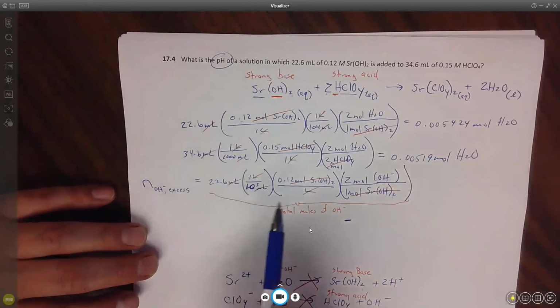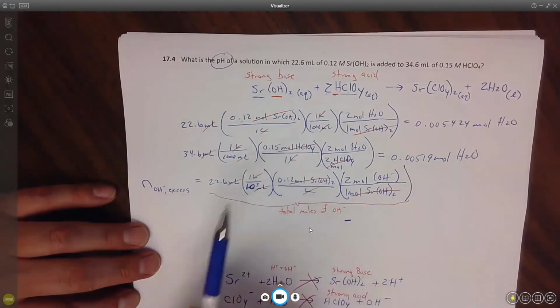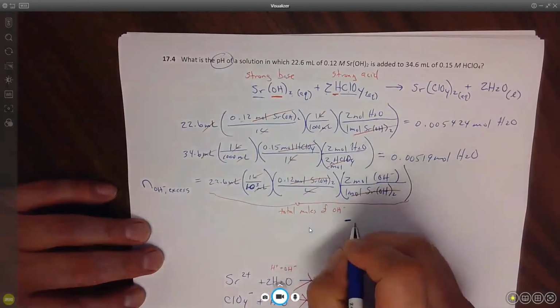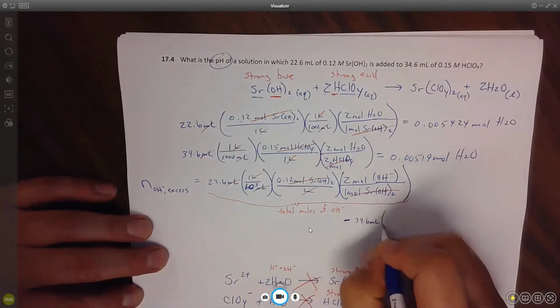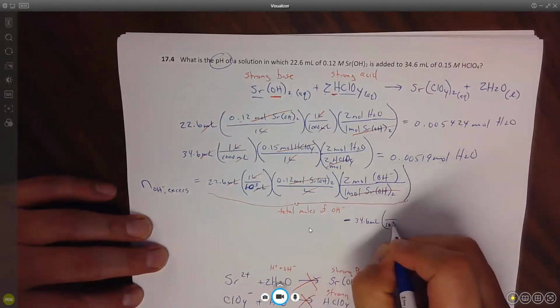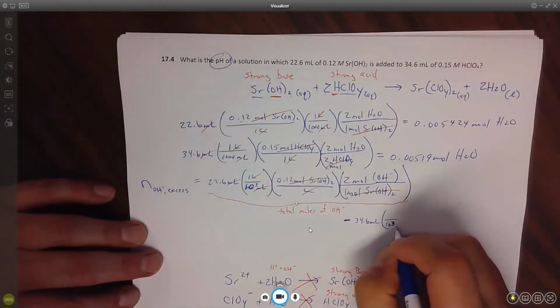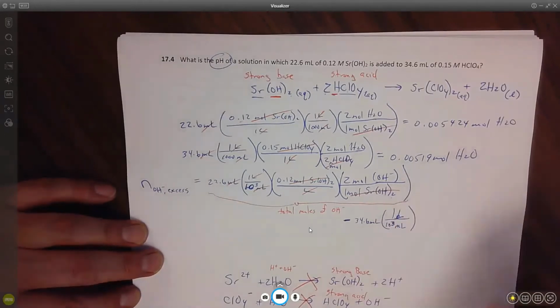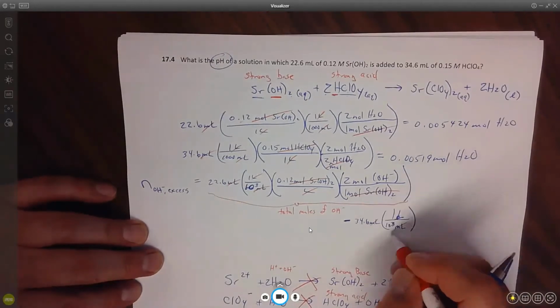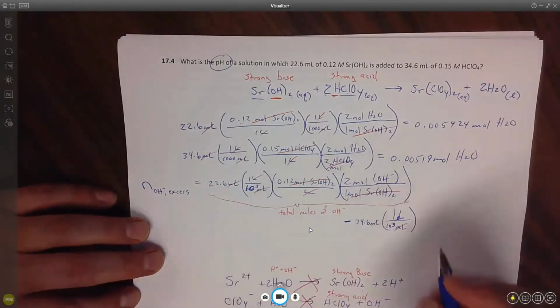So I'm going to get that from the moles of the acid. Again, we'll start off with the 34.6 milliliters, and we'll convert that to liters. So the milliliters cancel. I'm going to get the moles of my acid.